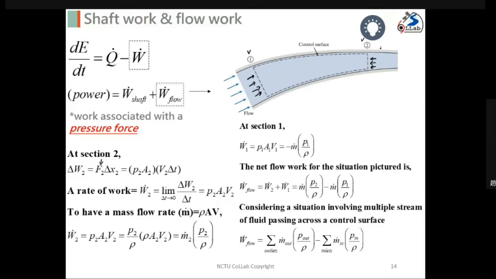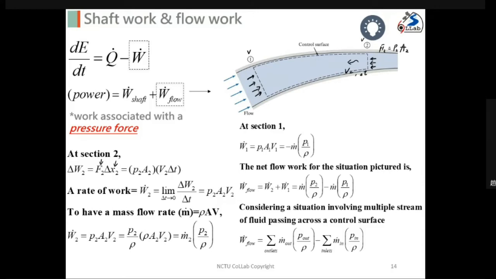And we actually know that the definition of work is the force acting through a certain distance. So we have the first two in here. What is force 2? Force 2 is contributed by the pressure force, and we have the cross-section area 2 here. And what is the delta x distance?